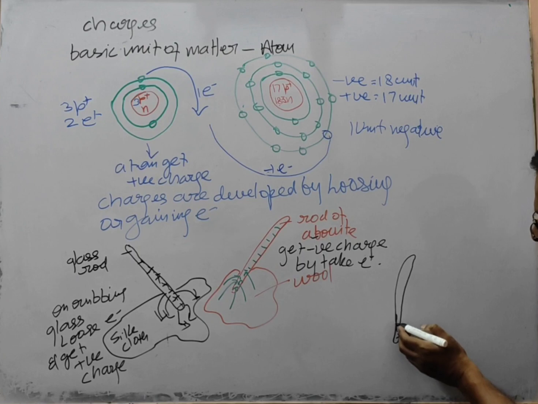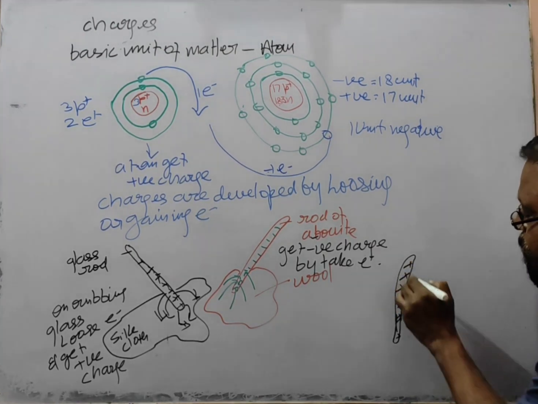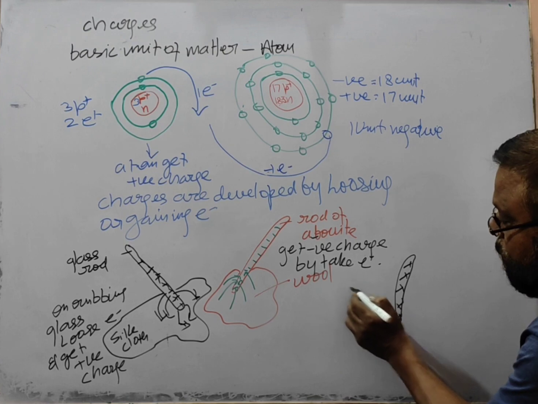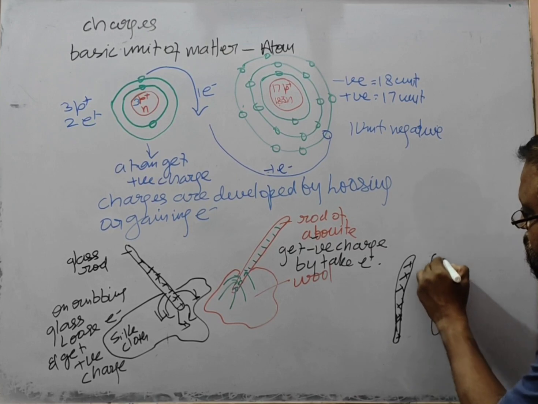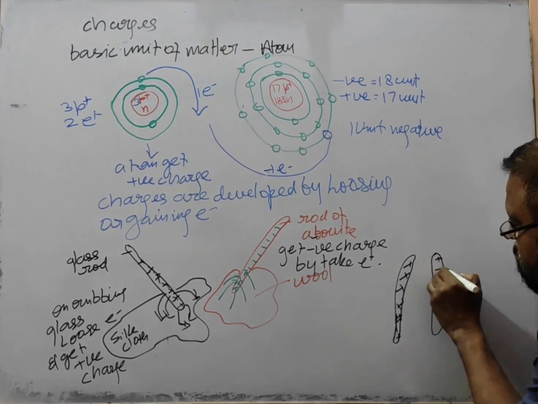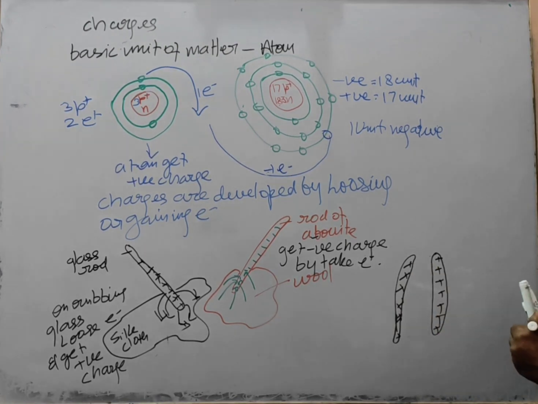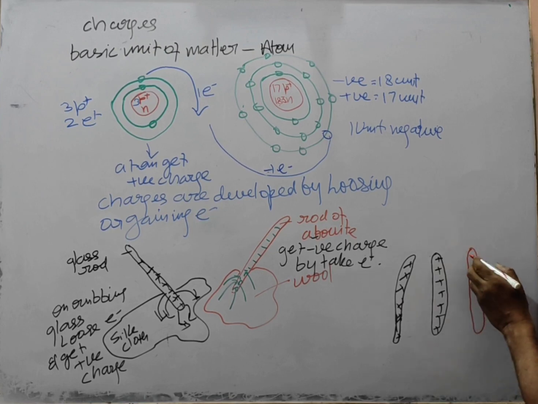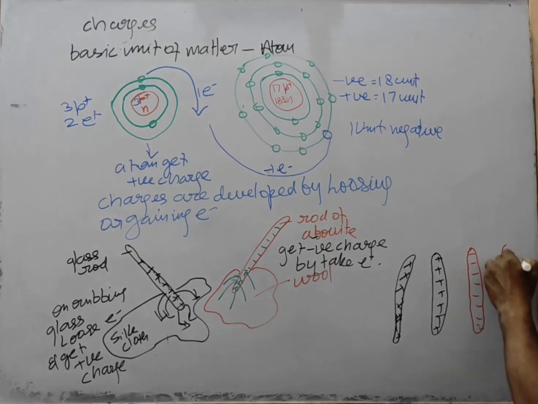Now this is a glass rod, which is positively charged, and there is also another glass rod which is positively charged. And we have an ebonite rod which is negatively charged, and this is also a negatively charged ebonite rod.